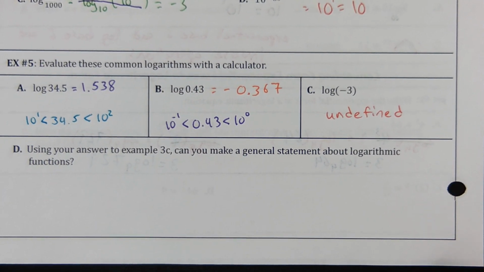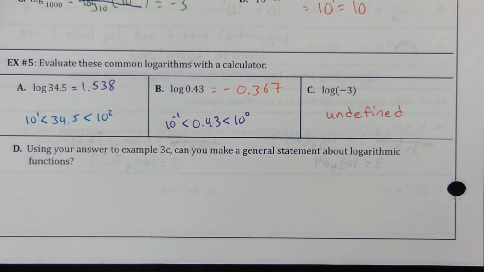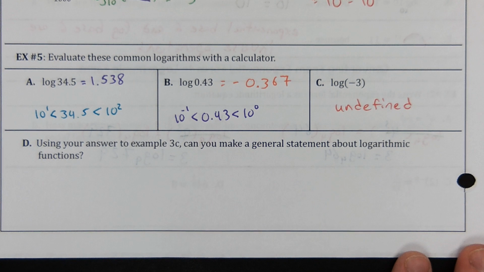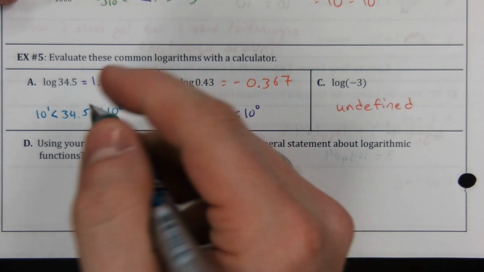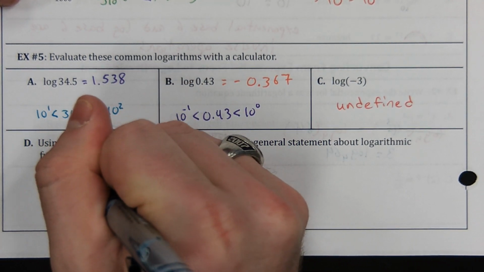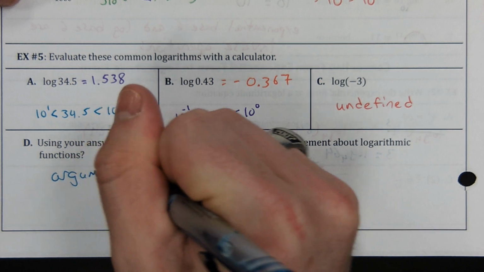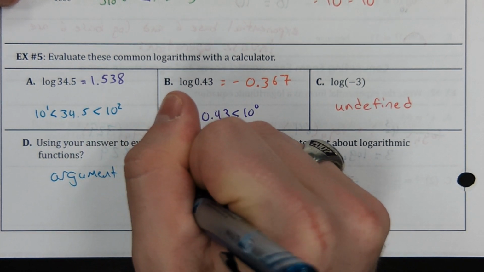So I don't know if you guys realize this, but the argument is the input of the log function. Did you guys catch on to that? And inputs are our domain. So the domain is only positive numbers. Argument must be positive.